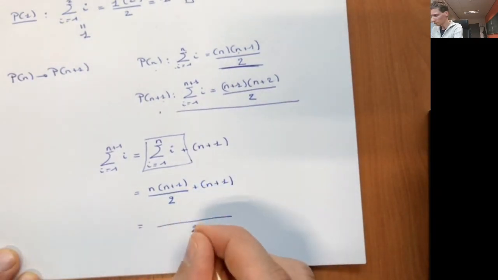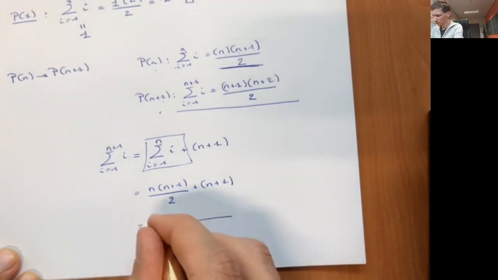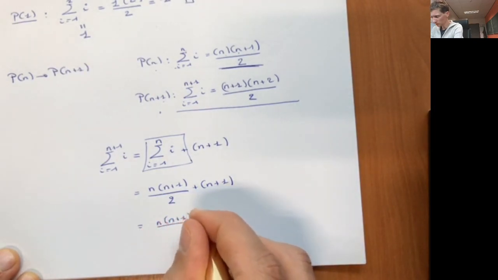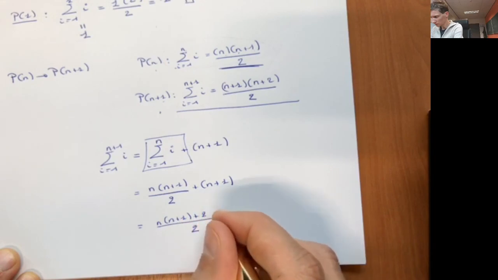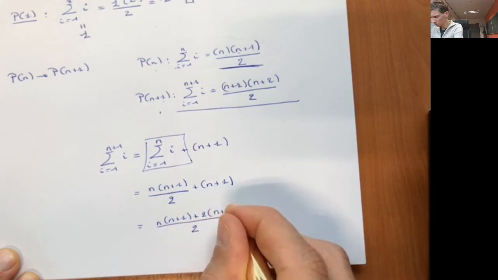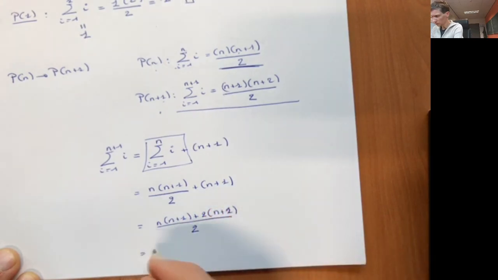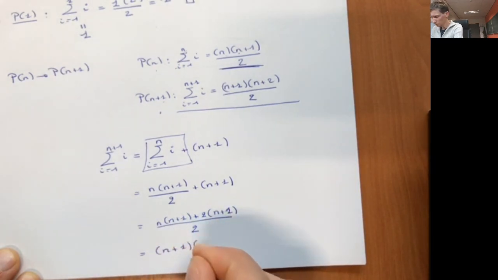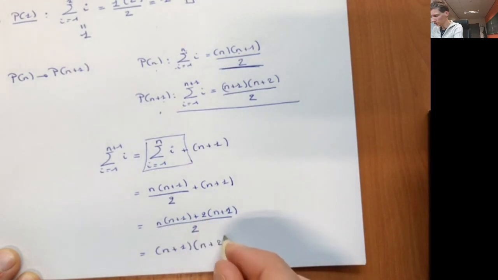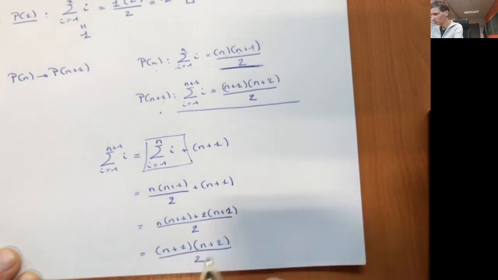Put everything on the common denominator. So we have n times (n+1) plus 2 times (n+1). Now take the (n+1) terms together. You have n+1. How many of them do we have? We have n here, 2 here. So we have n+2 in total, divided by 2.